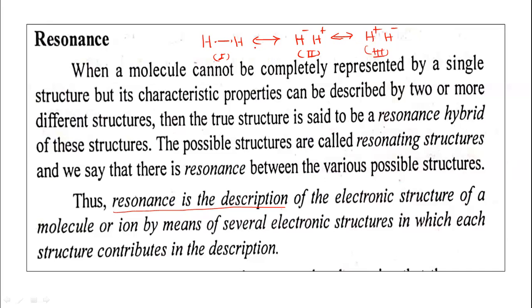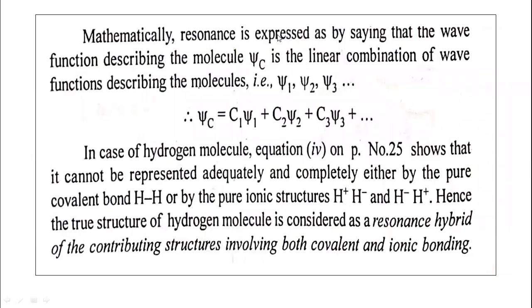Now resonance can be represented by a two-sided arrow. When we show resonance, it is represented by the two-sided arrow. Mathematically, resonance is expressed by saying that the wave function describing the molecule, psi c, is the linear combination of the wave functions describing the contributing structures, psi 1, psi 2, psi 3.